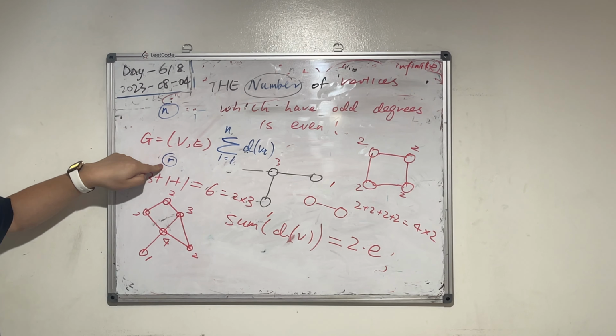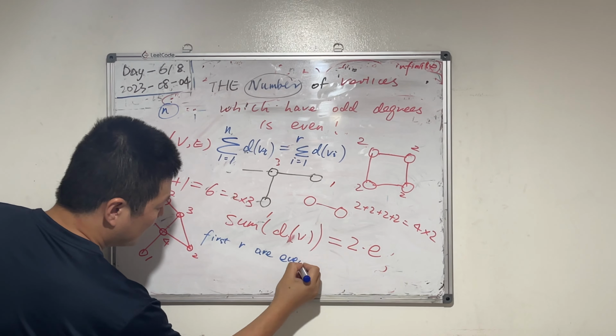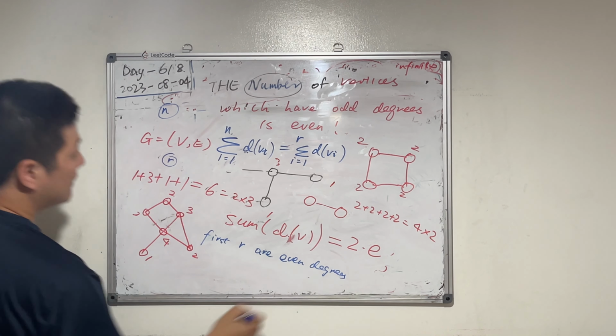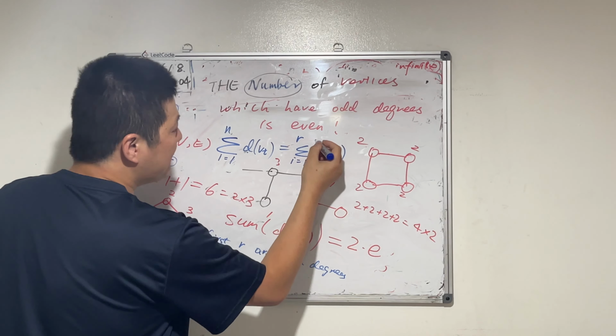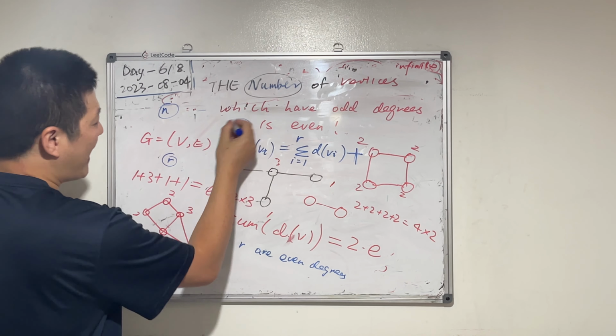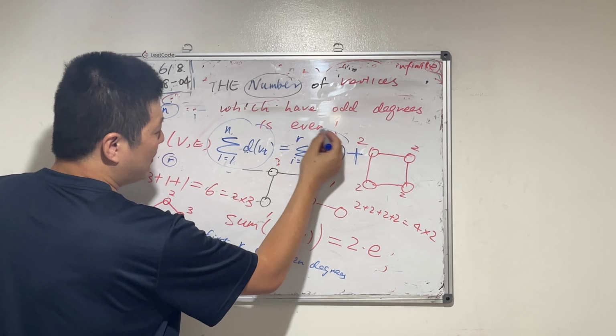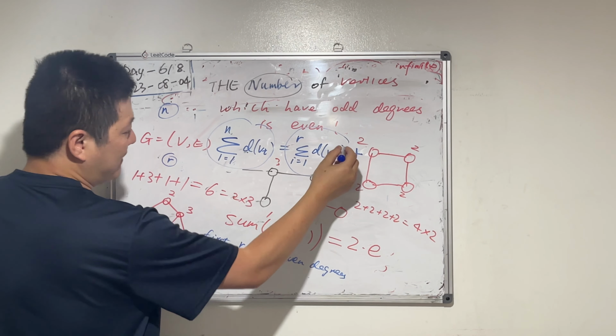So it can be rewritten as the sum from i equals 1 to r of degree Vi, the first r even-degree vertices, and the rest are odd degree. So plus, because there are n vertices and the first r are even, the rest is from i equals r plus 1 to n of degree Vi.